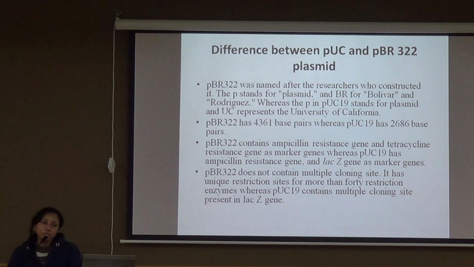Here we have pUC and pBR322 plasmids. The small p stands for plasmid. UC stands for University of California. In the case of pBR, BR stands for Bolivar and Rodriguez. So we have two types of plasmid vectors here. Now what is the difference between these two types?